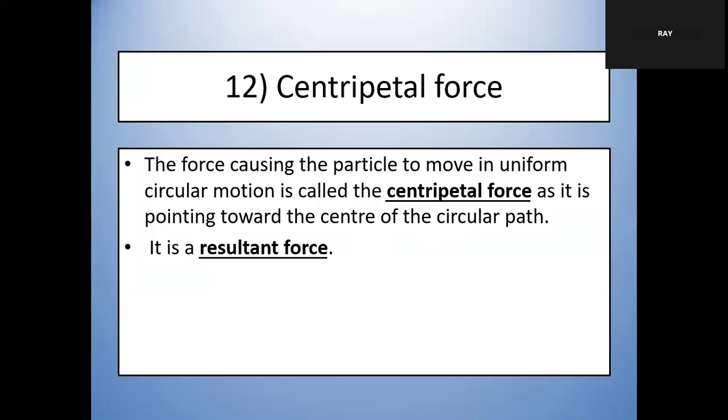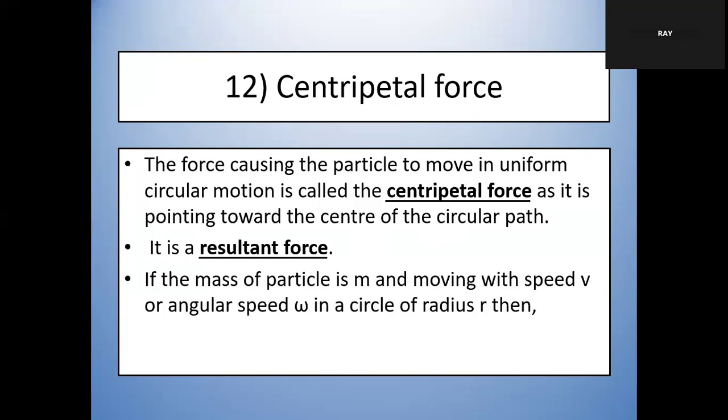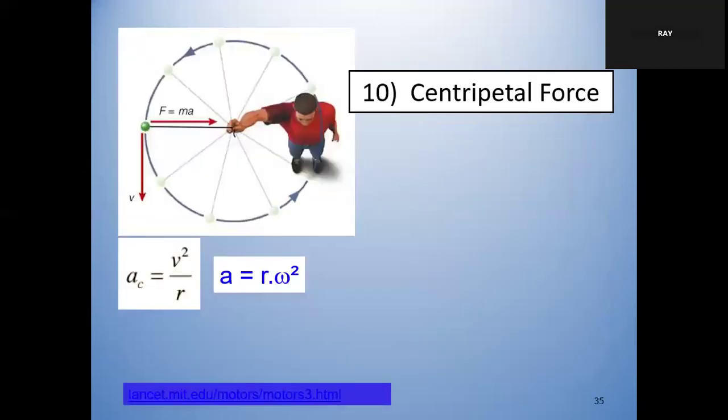Right? It cannot just move in a circle. It must be provided by something. We will look at some examples. If the mass of a particle is m and moving with a velocity v or angular speed omega in a circle of radius r, our resultant force is F equals ma, by Newton's second law.